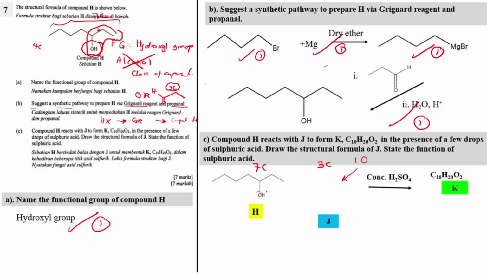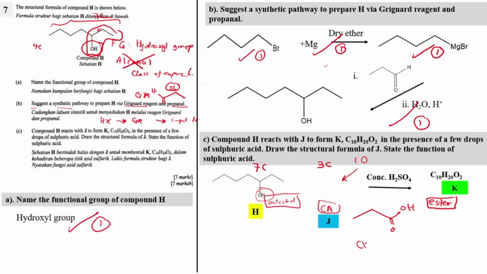So H is an alcohol, and J is going to be a carboxylic acid, because alcohol reacting with carboxylic acid will produce an ester. So, a 3 carbon chain carboxylic acid, the most simple one: 1, 2, 3, and then double bond O, OH here. So it's going to be propanoic acid.